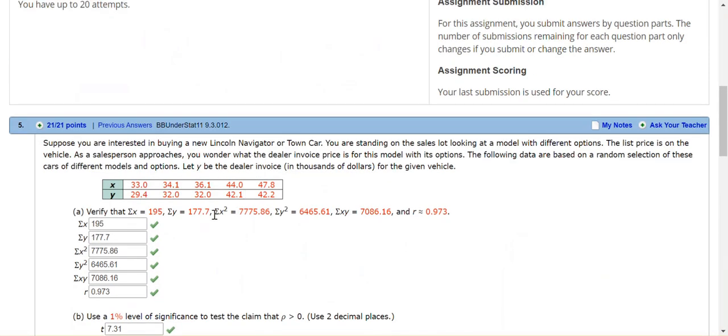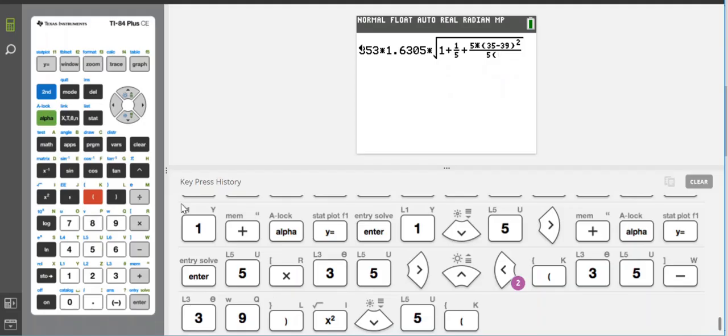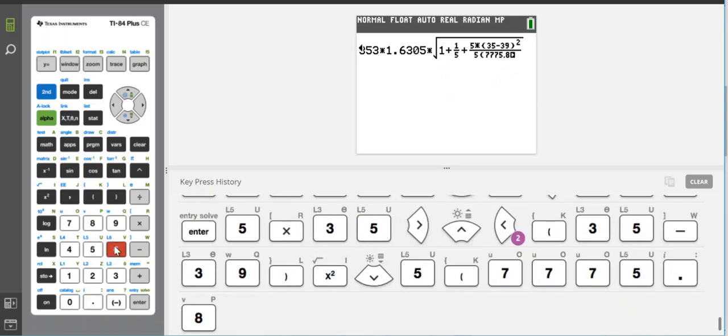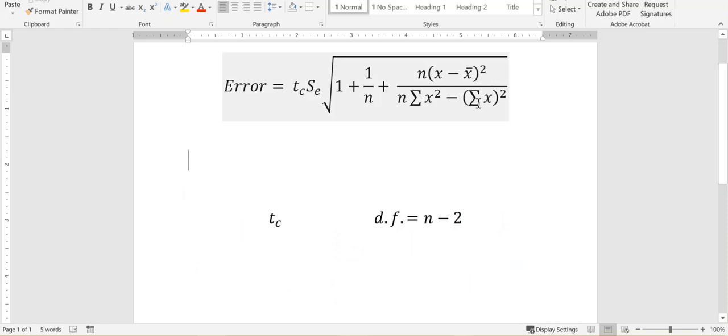Well, the sum of x squared is 7775.86. So I'm going to put in 7775.86, close parentheses, minus the sum of x's squared.